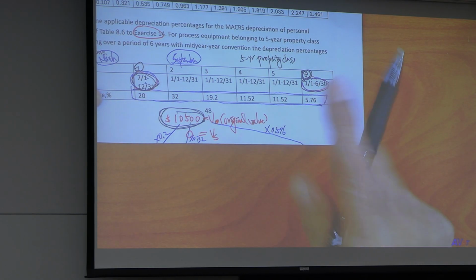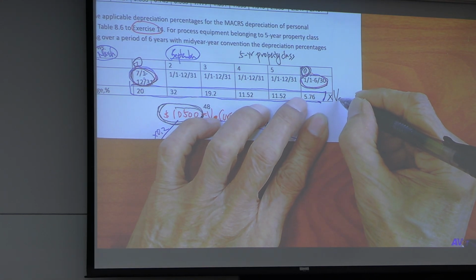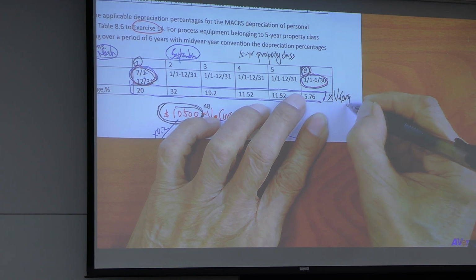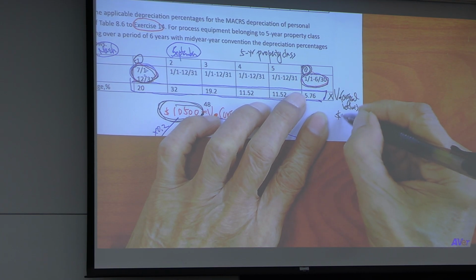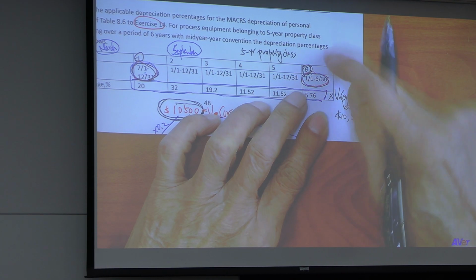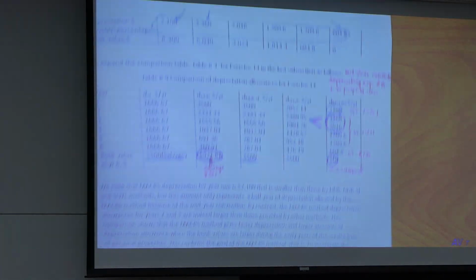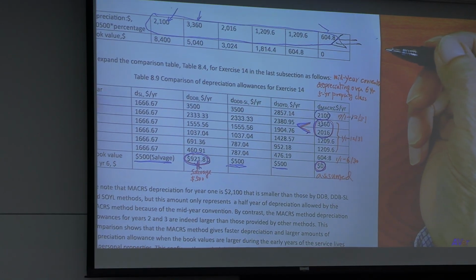What would be the annual depreciation? Times original value $10,500, 20%, 32%, so on. That is this number. Allowable depreciation for the computer example, we went through many times.